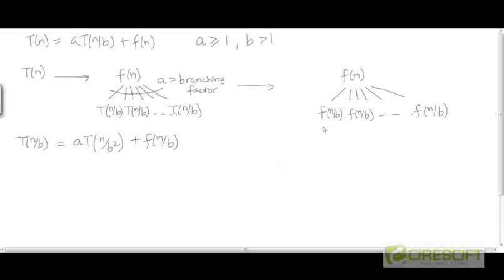And their children, so each of these nodes will have A children, and each child is going to be T of n by b square.